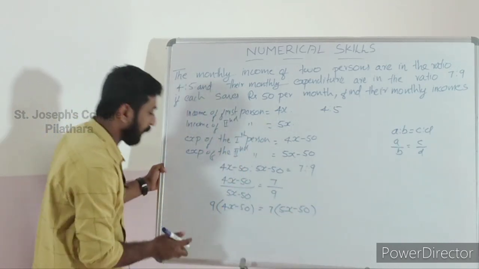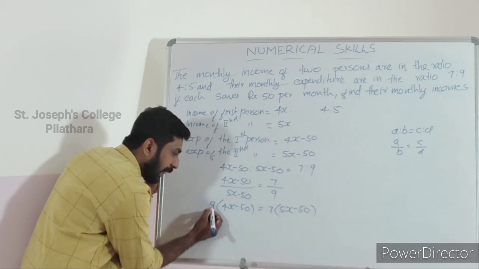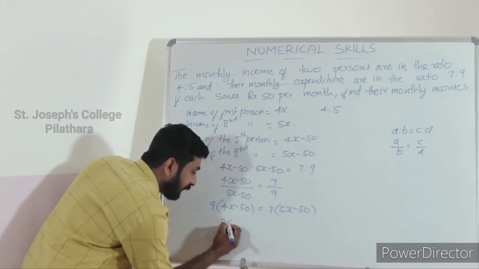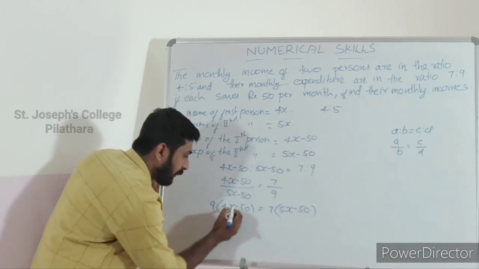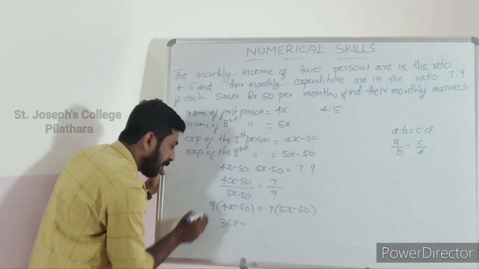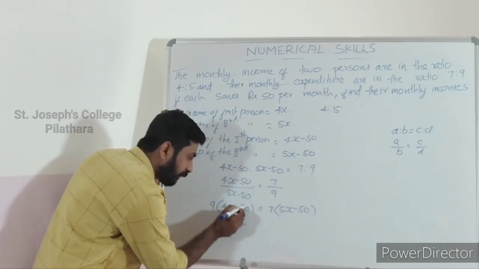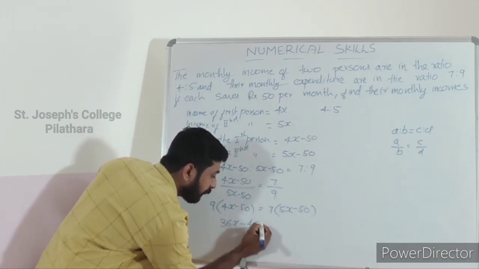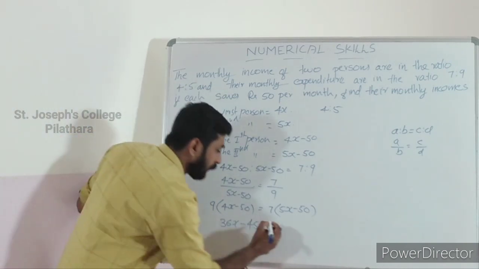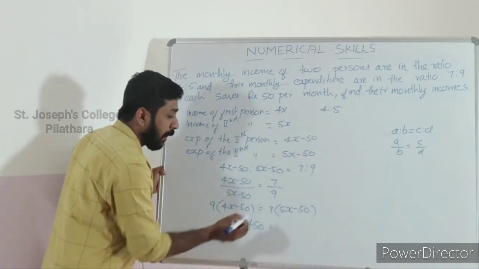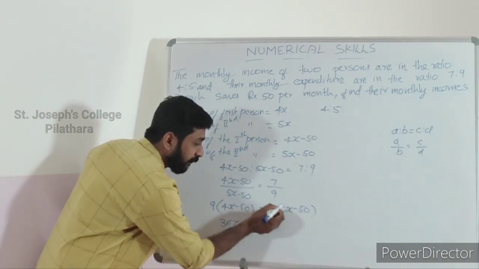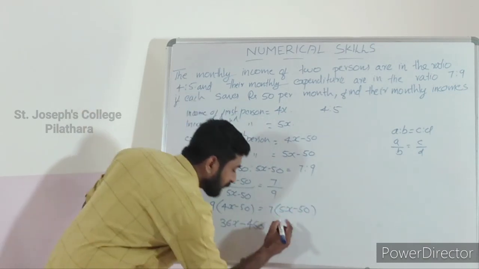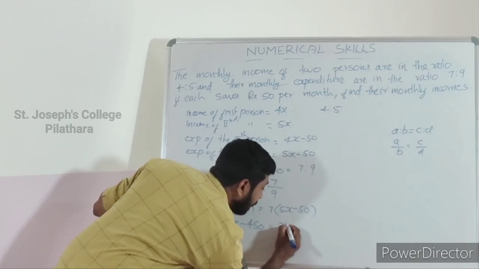Then expand the bracket. Multiply 9 with 4x: 9 into 4 is 36, that is 36x. Put the minus here. Multiply 9 with 50: 9 into 5, 45, so it will be 450, which is equal to 7 with 5x: 7 into 5, 35x.